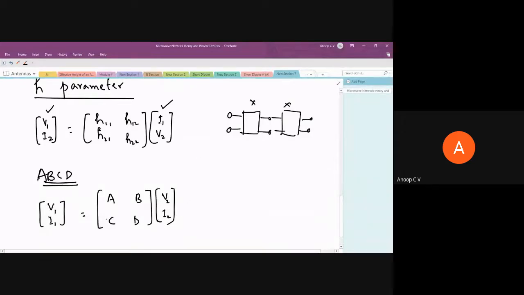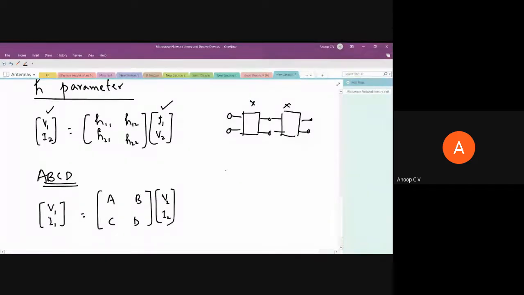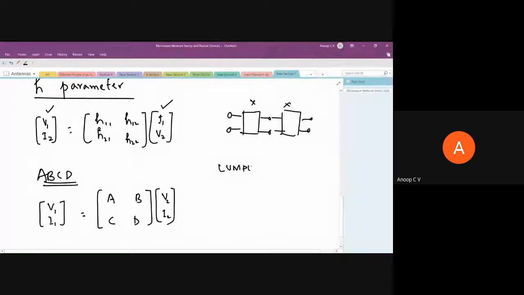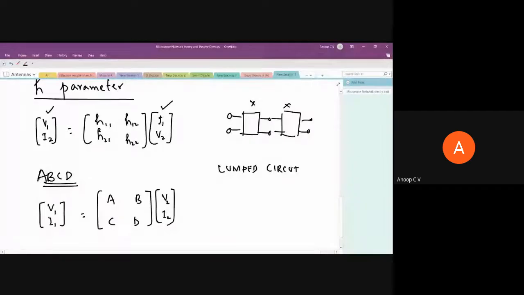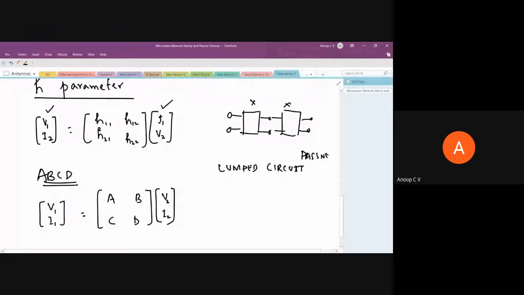So these are the various parameters which are applicable for lumped circuits, lumped passive. It need not be passive, for active also we can define. For that we need equivalent circuits in terms of discrete components. If there is a transistor, you can come up with an equivalent circuit, then you can define all these things.